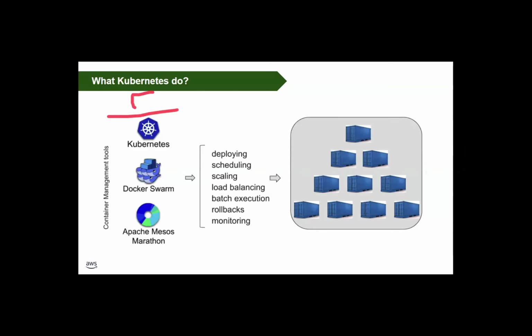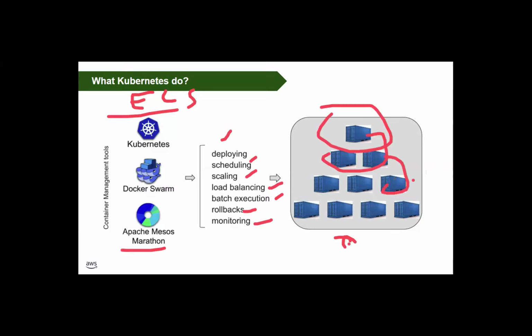As I told you, Kubernetes, ECS, EKS, everything is the same. All are containerized application tools which take care of deployment, scheduling, scaling, load balancing, batch execution, rollbacks, and monitoring. Rollback means coming back to the original position, or batch-wise, like the second batch, this is the third batch. Scaling will automatically increase the size. Scheduling lets you run it, and deploying.